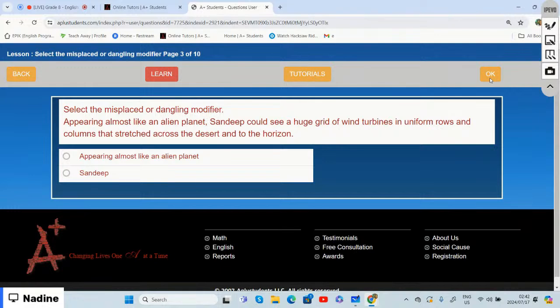It says appearing almost like an alien planet, Sandeep could see a huge grid of wind turbines in uniform rows and columns that stretched across the desert and to the horizon.